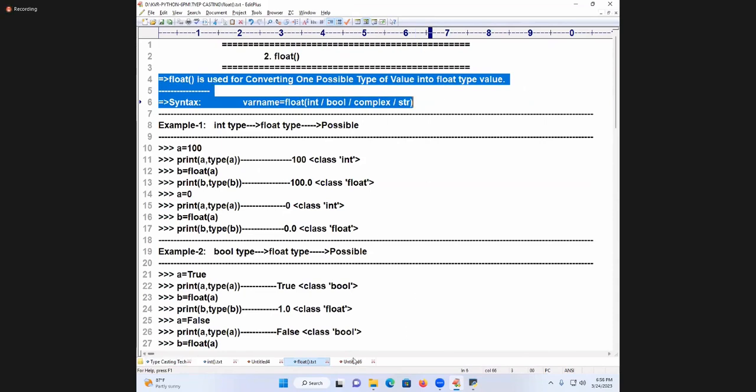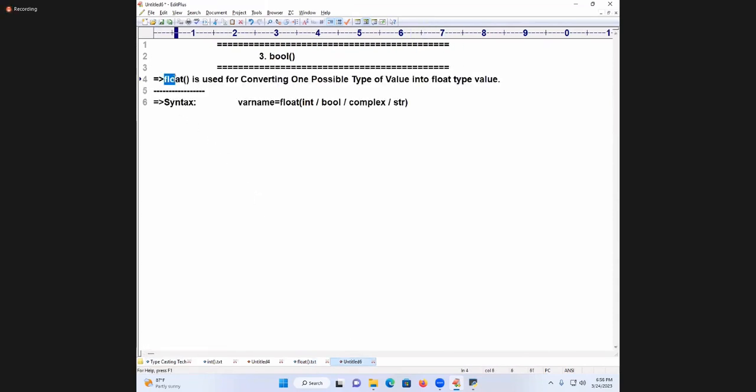Bool is used for converting one possible type of value into which type? Bool type value. The variable name is equal to bool of int, float, complex, str.